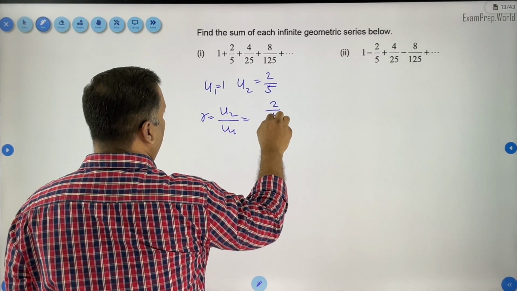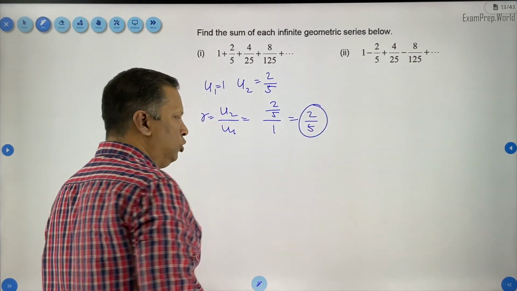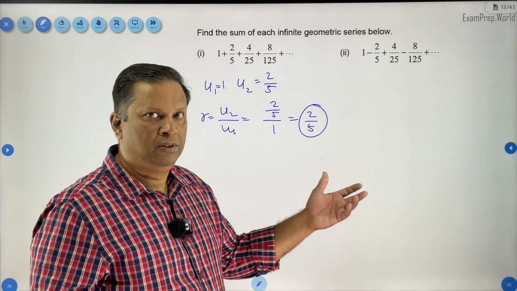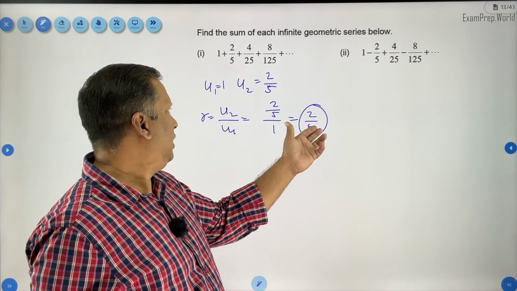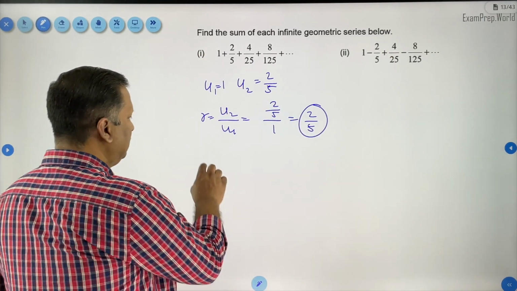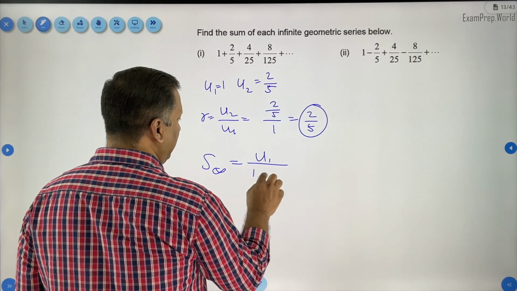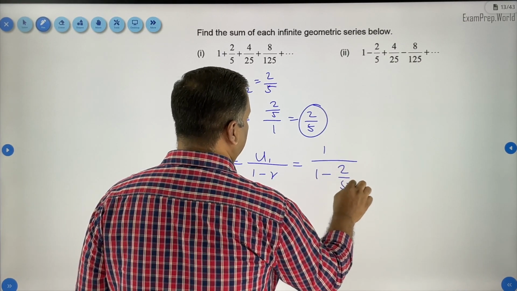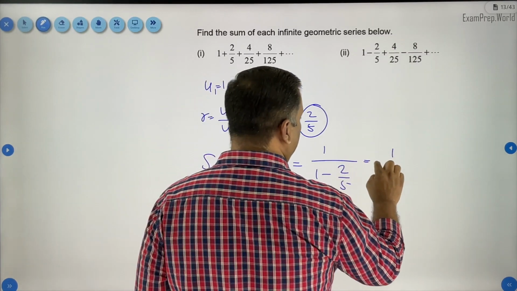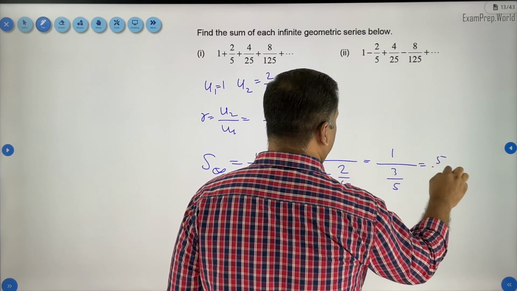So 2 by 5 over 1, which is 2 by 5. You see this 2 by 5 is less than 1, it's a fraction. So it is definitely a converging series. Now you have u1, you have r. Straight away sum to infinity is u1 divided by 1 minus r. 1 divided by 1 minus 2 by 5. 1 divided by 3 by 5, which is 5 upon 3.